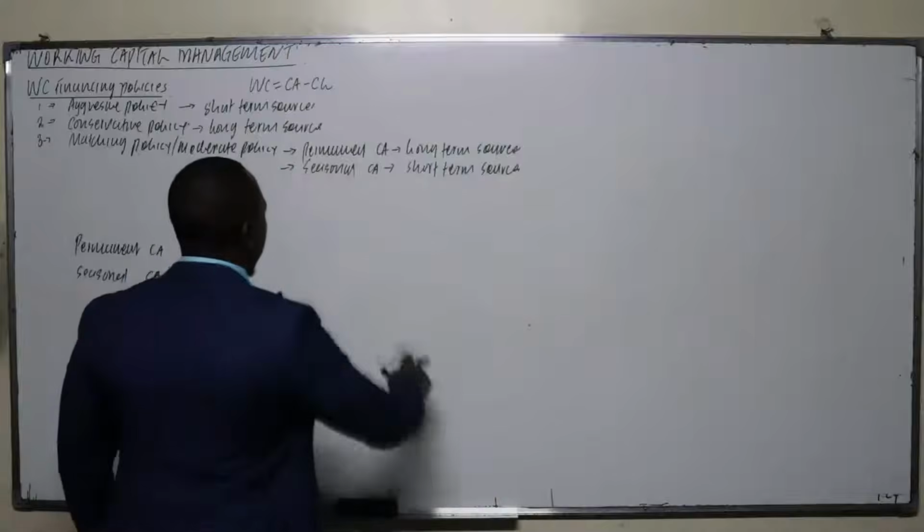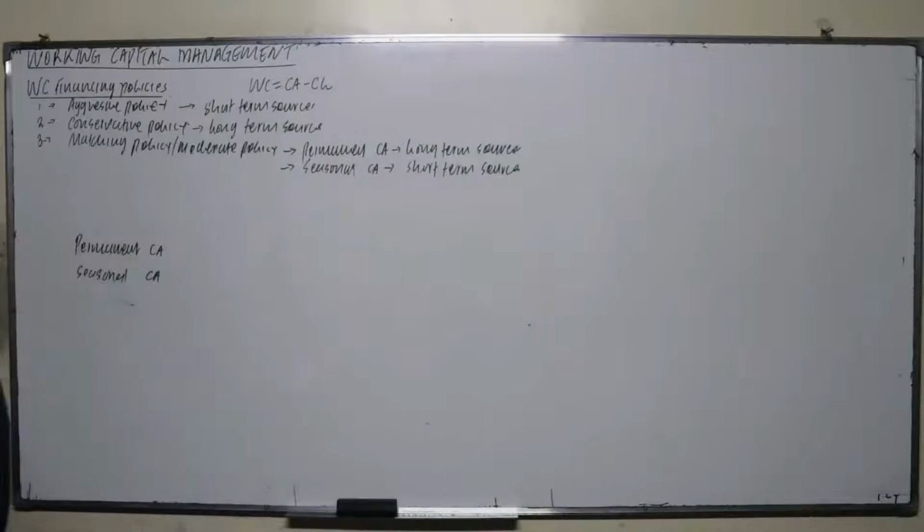Then B, we have seasonal, temporary, or fluctuating current assets.